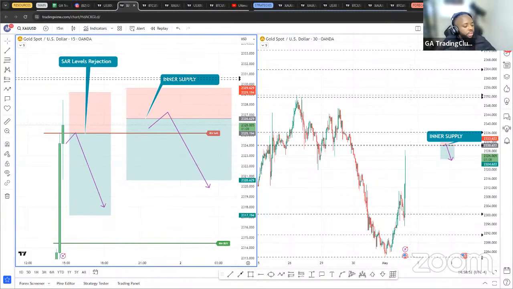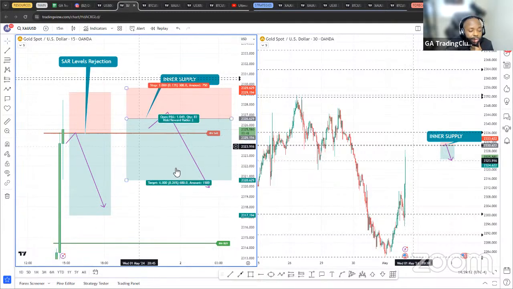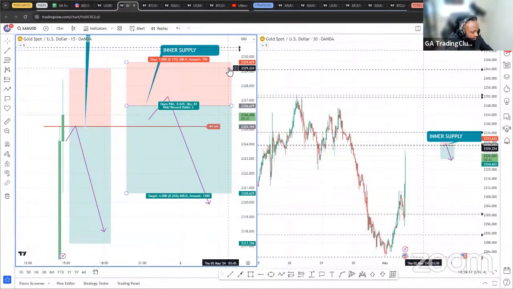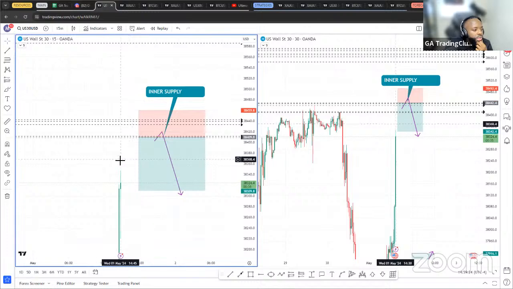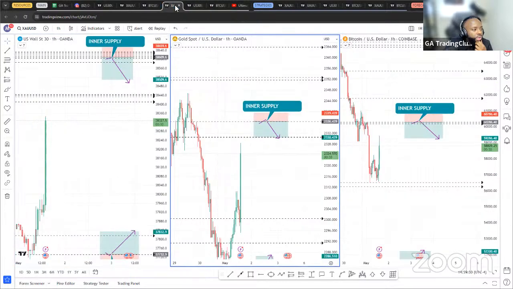All right, so let me adjust this. This is a 4-hour. So this ideally would be, right. All right. If it doesn't close below here, then again, nothing to do or nothing to look for there. And remember, US 30 is, I thought US 30 was pushing up further. 4-hour, 1 hour.